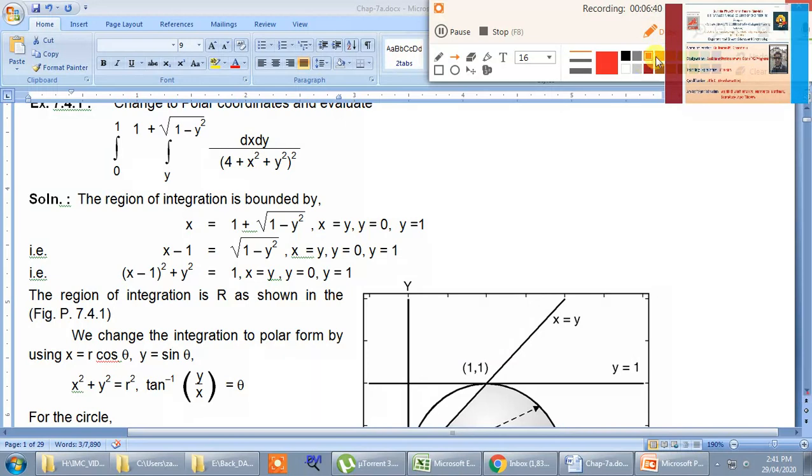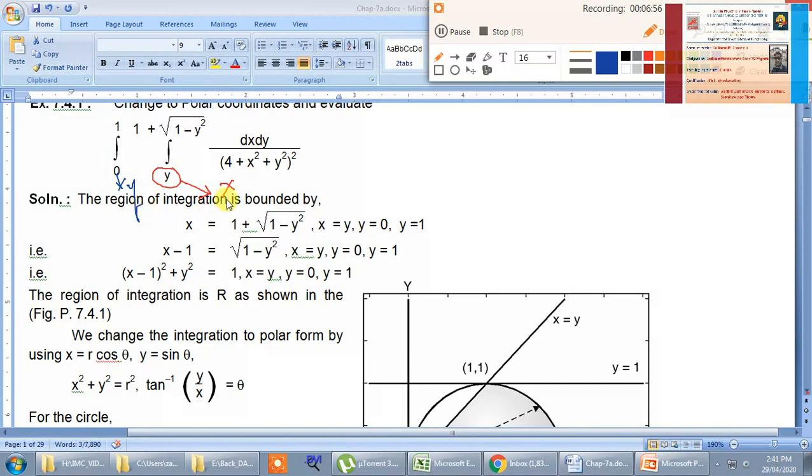The inner integration limit is in terms of y, therefore it will be the limit of the variable x, and the outer integration limit obviously will be the limit for the y variable.